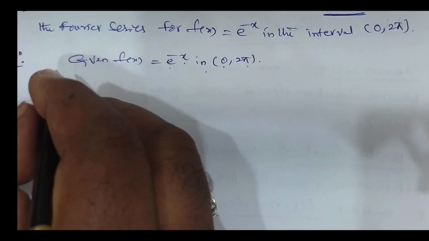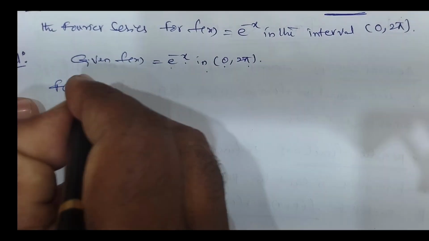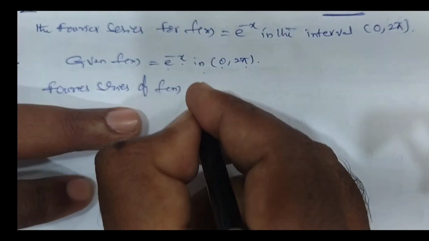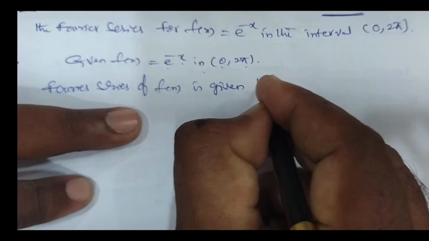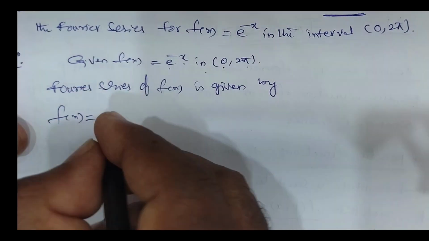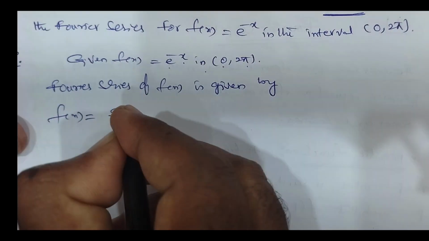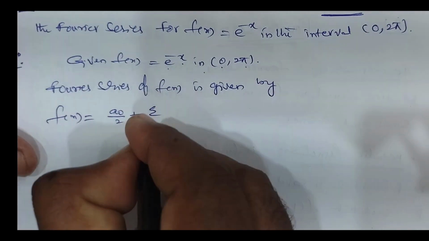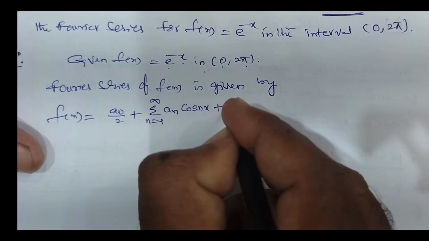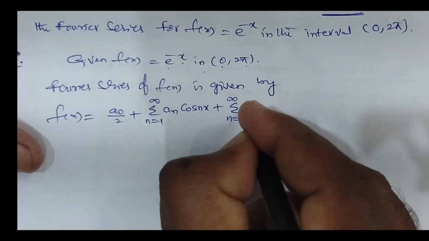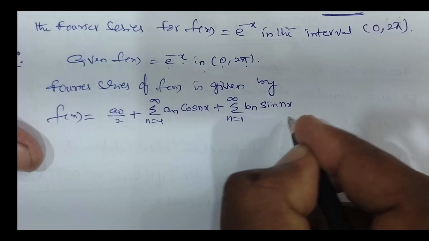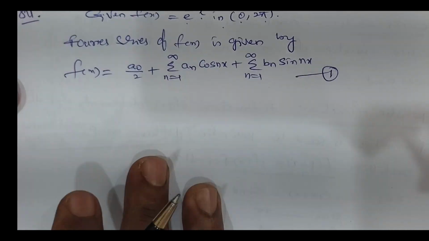So the Fourier series of f of x is given by f of x is equal to a naught by 2 plus summation n is equal to 1 to infinity a n into cos nx plus summation n is equal to 1 to infinity b n into sin nx. It is the first equation.